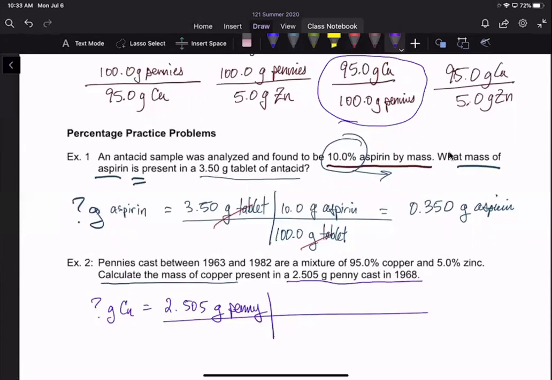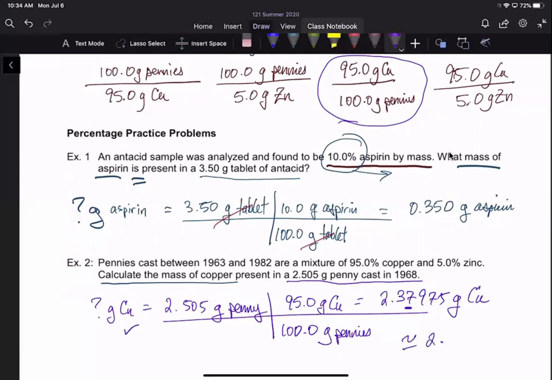It has pennies on the bottom, and it has copper on the top. All right, so of that, 2.37975 grams must be copper. And that is only good to that percentage. So we have 3 digits, the 9 flips the 7, 2.38 grams of copper in that penny.